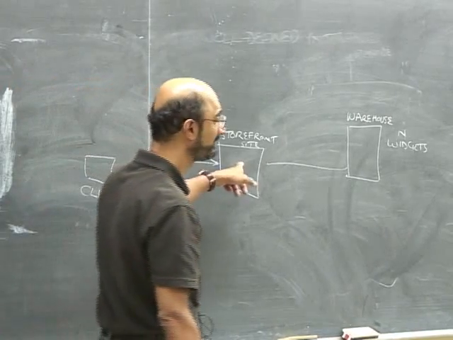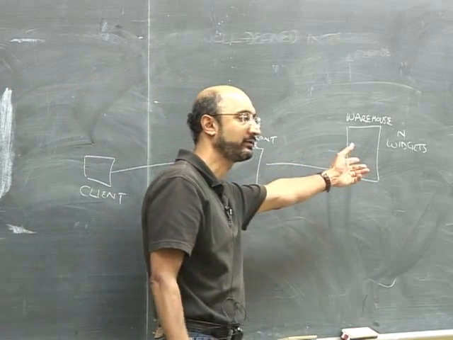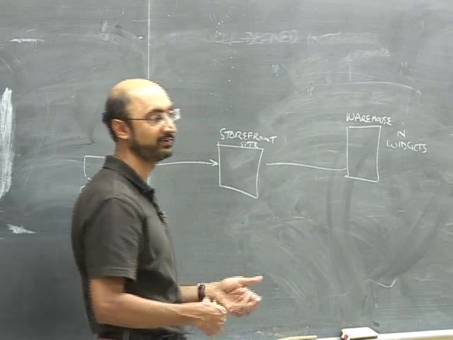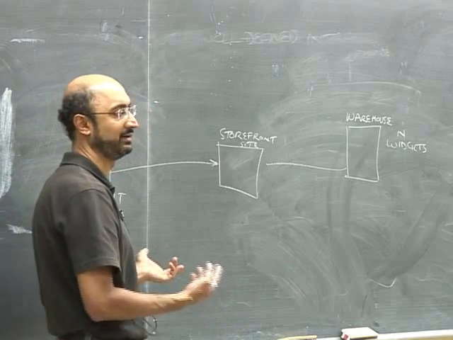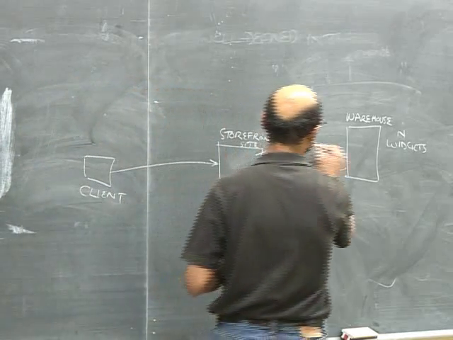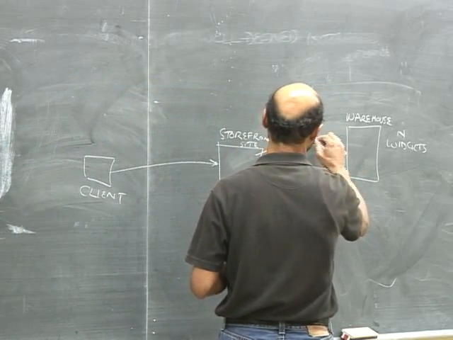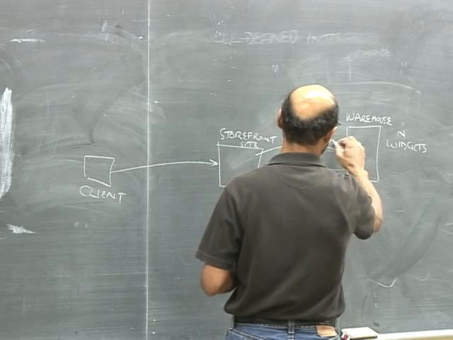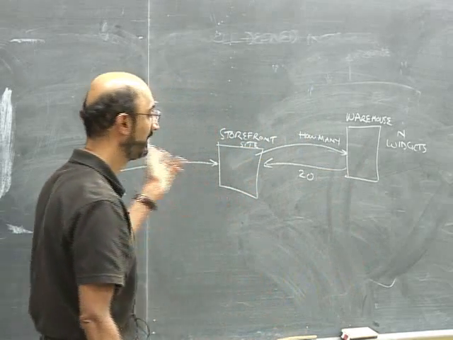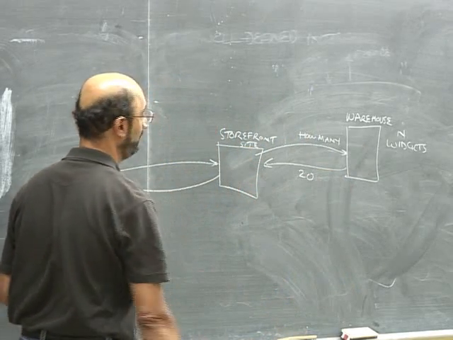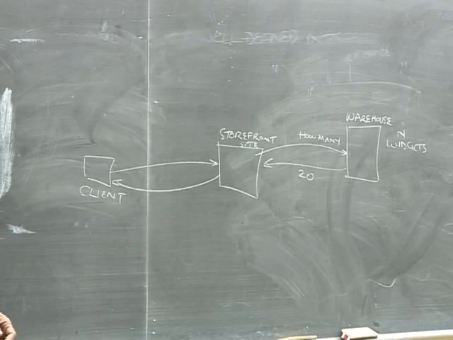And the storefront site needs to check with the warehouse, are there 20 widgets available? Maybe there are only 10 available, right? If there are only 10 available, you can't sell 20. So it's going to make a query saying, how many widgets? That's a request. And you get back a response, 20. And then it says, yeah, 20 is OK. You can buy it. Life is good, right?